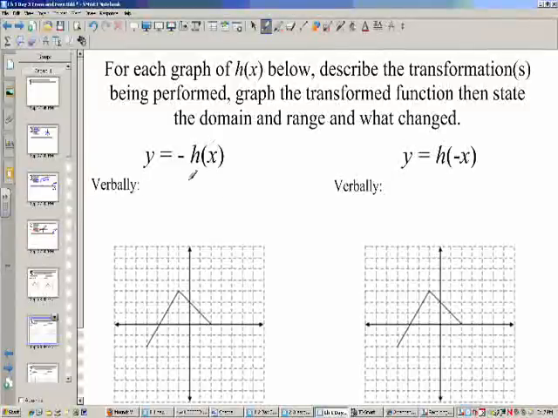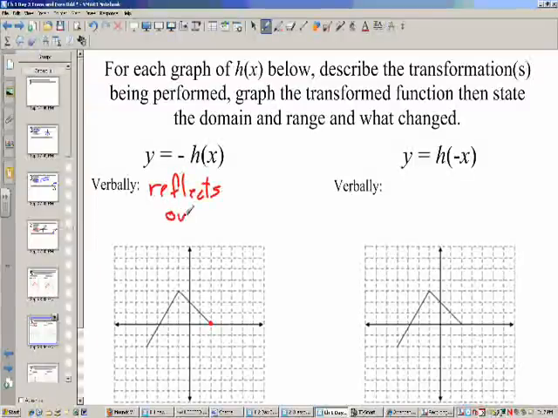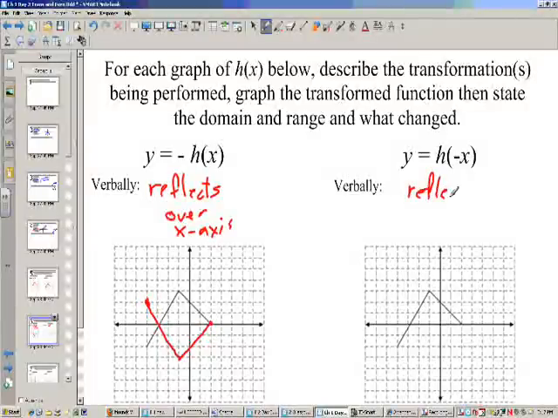Now this one reflects over the x-axis. So we just take the point and it's 2 down, so we'll go 2 up, and now we just connect the points. And this one's going to reflect over the y-axis.